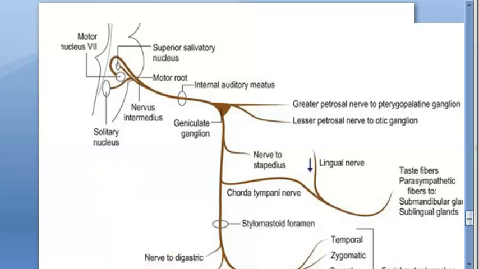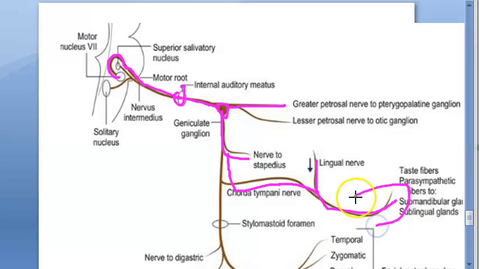Guys, just look at this, okay. The motor nucleus of the facial nerve, that is the 7th cranial nerve, goes around the superior salivatory nucleus, and then it comes to the internal acoustic meatus. Via that it comes to the geniculate ganglion. From here it gives the greater petrosal nerve, then the nerve to stapedius, then the chorda tympani nerve, which is carried by the lingual nerve to the anterior part of the tongue, right.